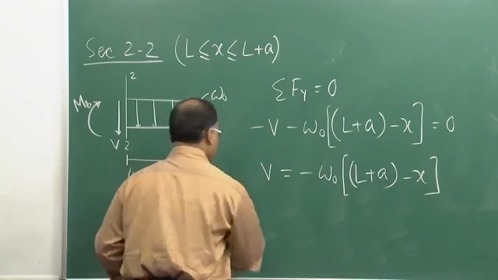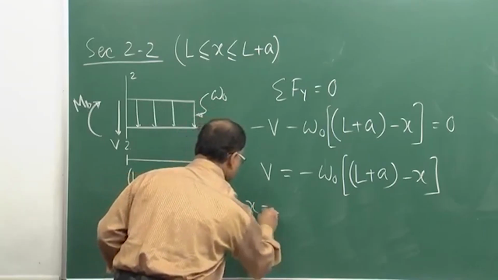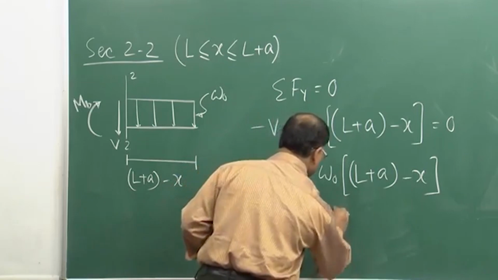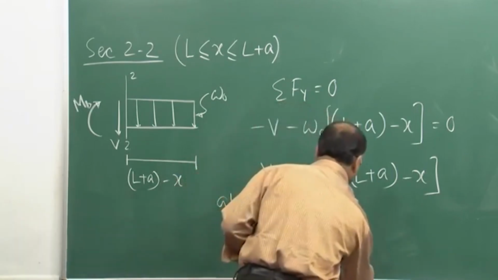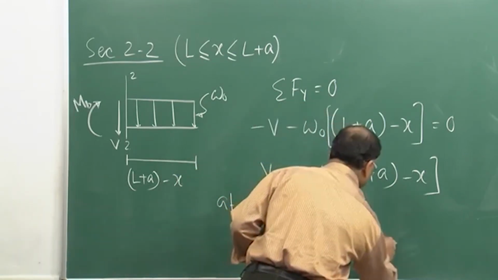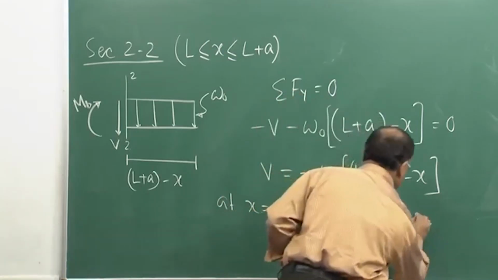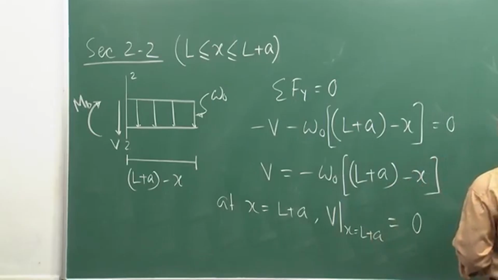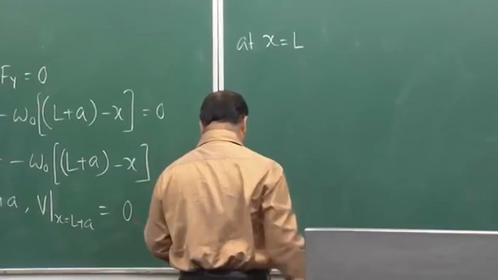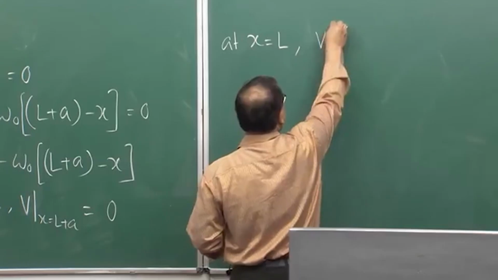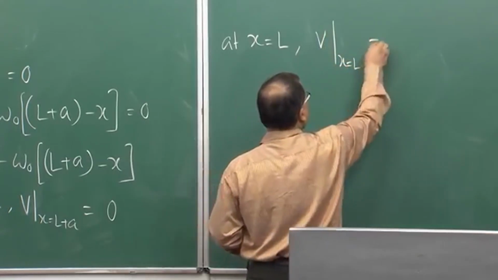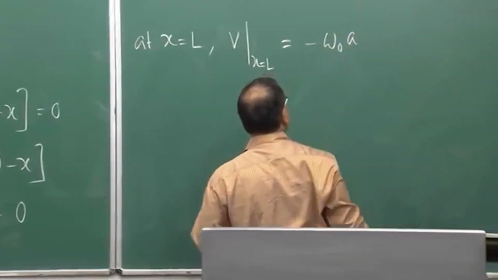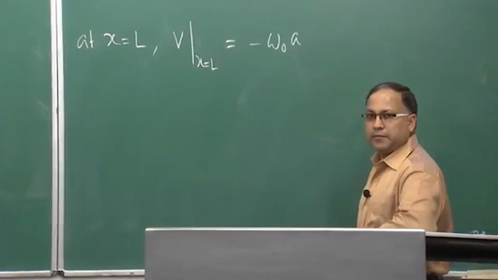So, at x equal to L plus A, your V is simply 0, and at x equal to L, your V is equal to minus W naught into A.